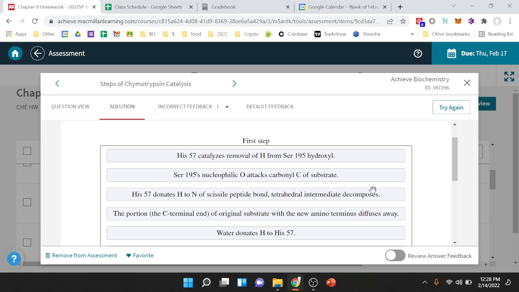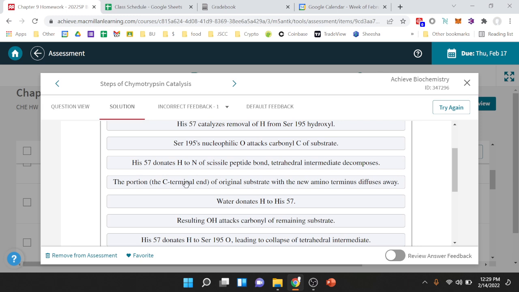Tetrahedral intermediate decomposes. The His 57 needs an H to donate, right? So you know it has to have come after that. You also know that these things have to be near each other, attached, to make some sort of tetrahedral intermediate, right? So it makes sense that this is before this. You see that? Okay.